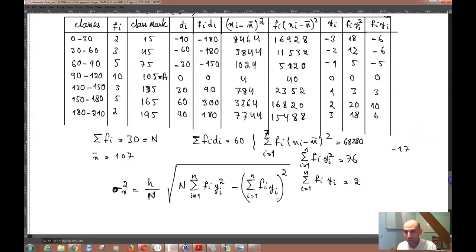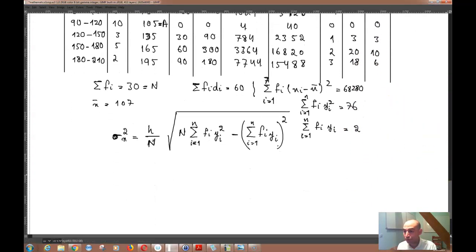So now everything is ready for this formula. I know that my h, the class size, is 30, and my n is equal to 30 as well, times the square root of n. Now sigma f of i, y of i squared is equal to 30 times 76 minus sigma f of i, y of i squared, 2 times 2 squared is equal to 4.